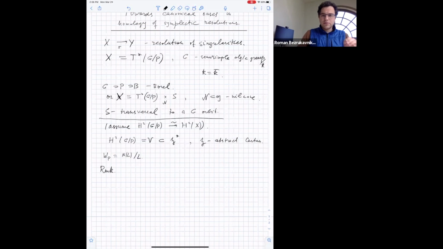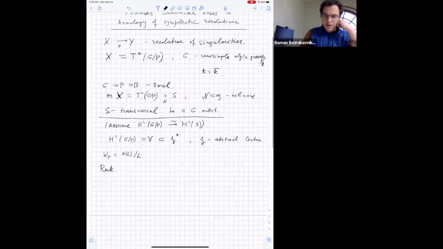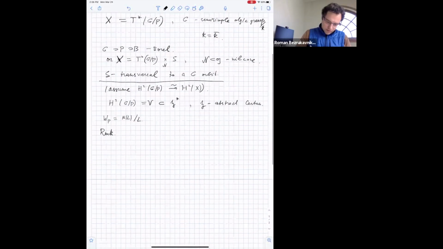For example, you can take Grassmannian k, n or Grassmannian n minus k, n. But as a record-keeping device for all these resolutions, it will be convenient to consider the geometry of certain cones in this space V.